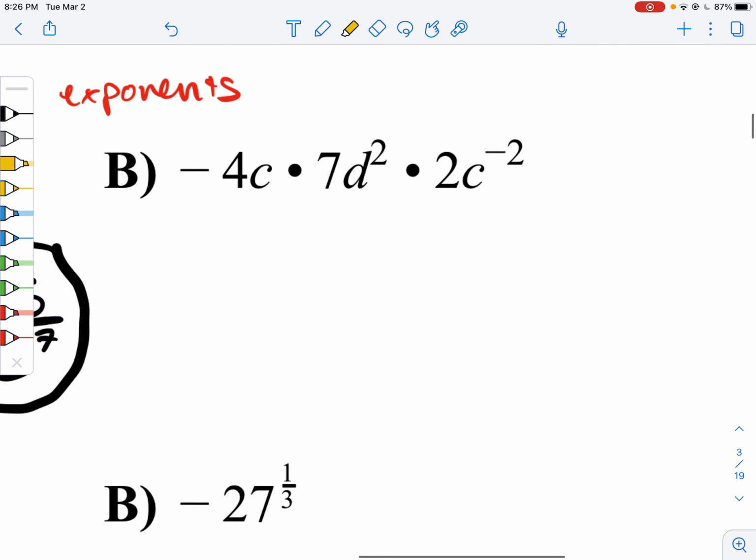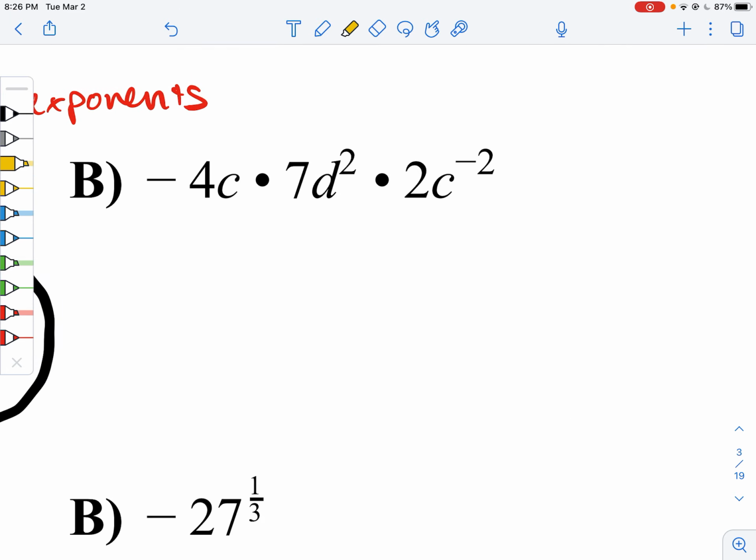Okay. Ooh, look, we have so many different things going on right now. We've got our normal numbers out in front, the coefficients. We have C, and we have D. So we're going to combine those all together.